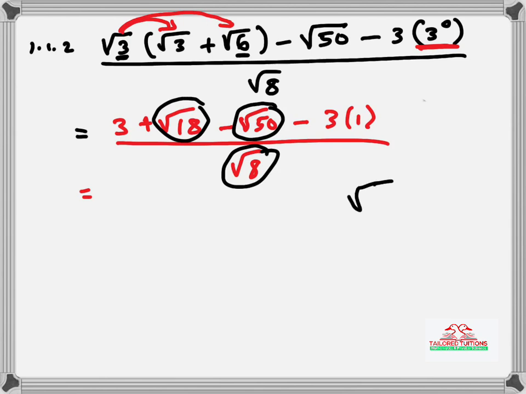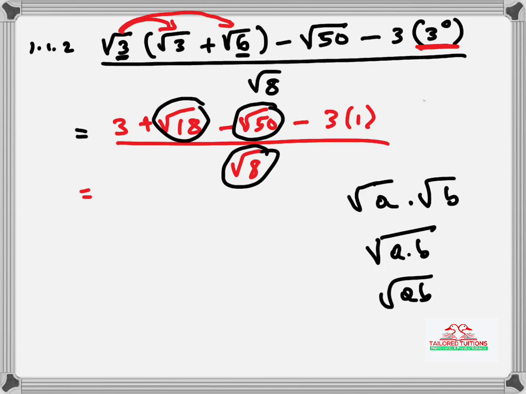Again, I'm going back to the same surd law. Square root of a times square root of b is the same as square root of ab. In this case, just in a square root of 18, find out what we already have like that.